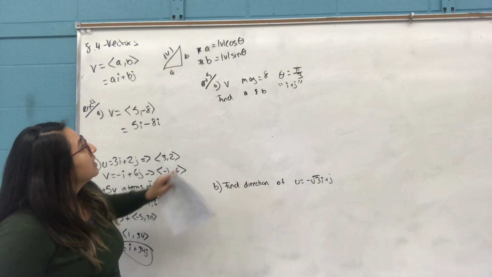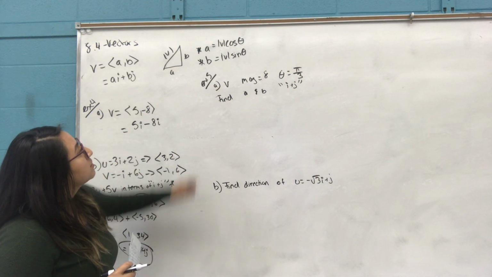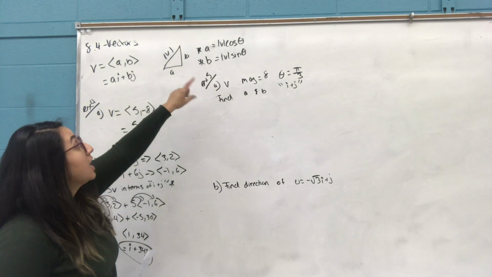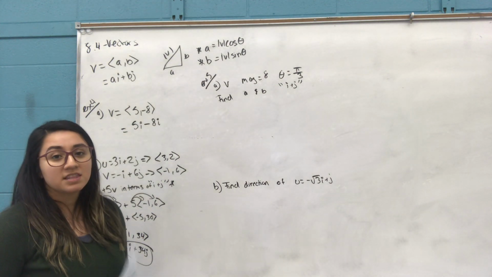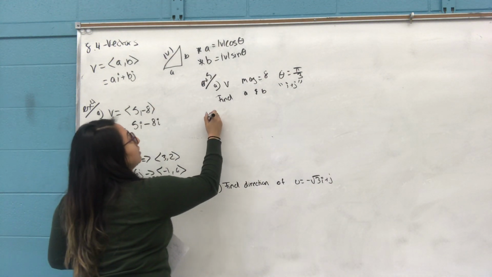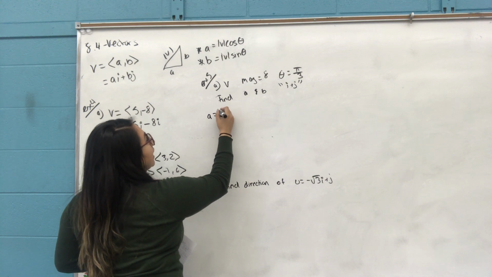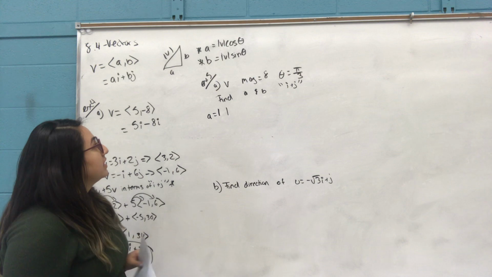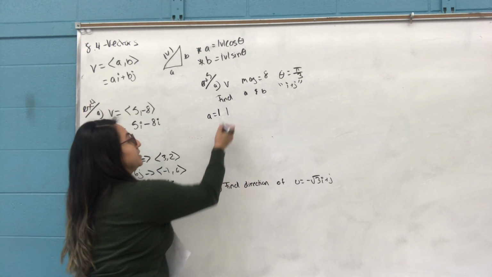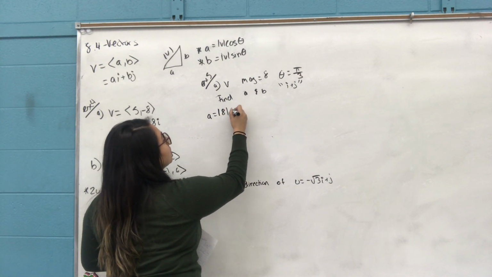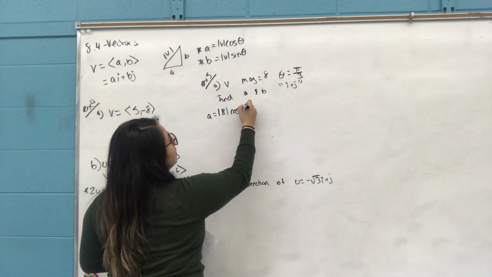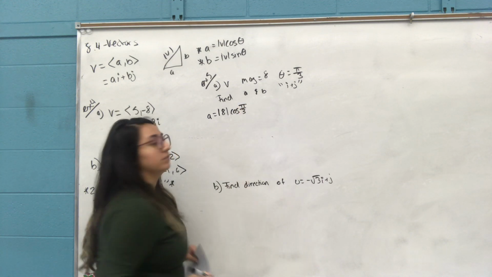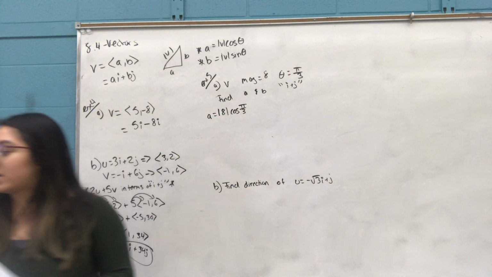So we have a is equal to the absolute value of v, which is your magnitude, times cosine of theta. Here, let's go ahead and find a. According to a, we use the absolute value of vector v, or that symbol just means the magnitude. So that means the absolute value of 8 times the cosine of the argument, which is pi over 3.